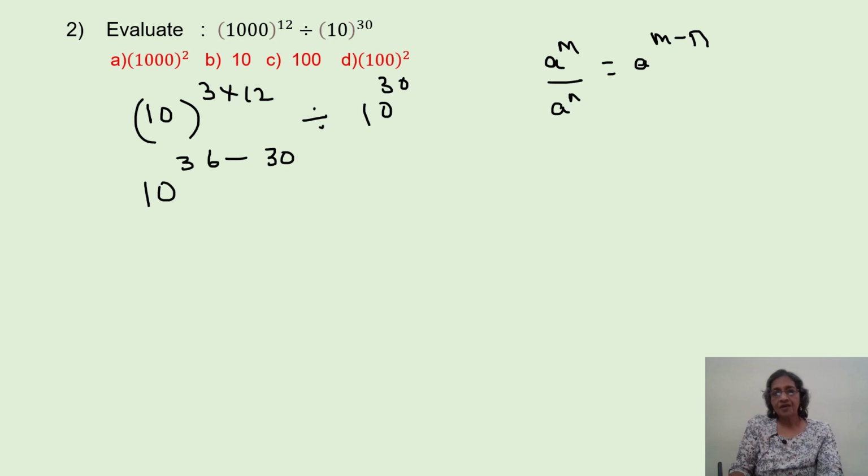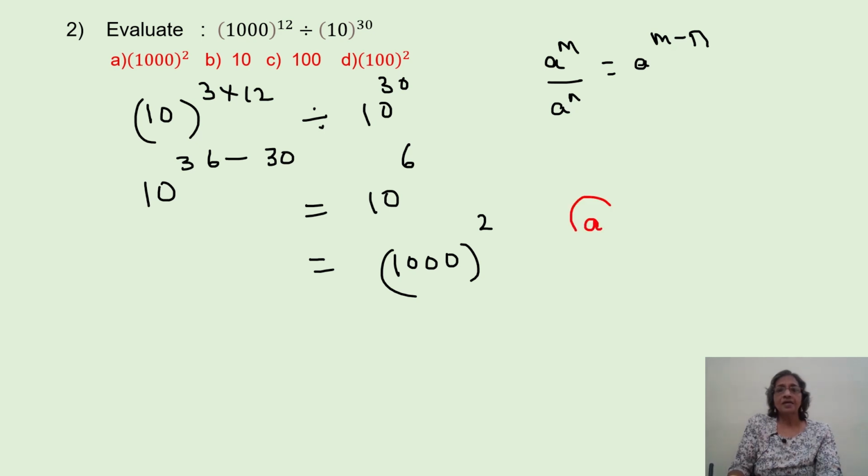That is the law that we have used. So we get this as 10 raised to 6. Now if you look at your options, you don't have this as an option, but I can convert this and write it as 1000 square. So my correct answer is going to be the A option here.